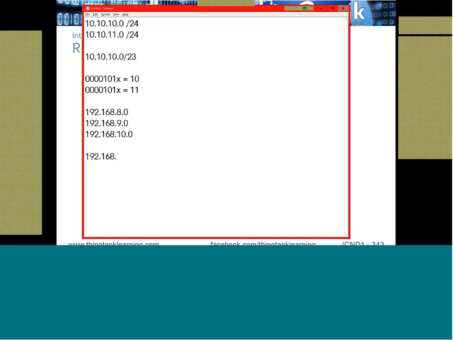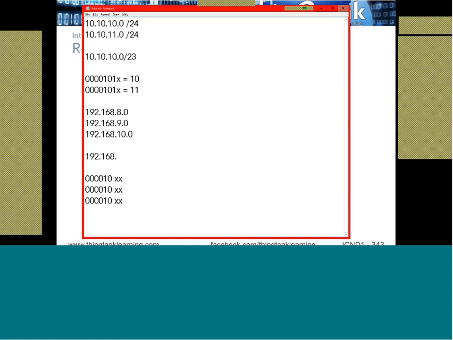And 8 is equal to 00001000, 9 is 00001001, and 10 is 00001010. So what is common to all 3 of those octets? Only the first 6 bits are common. You see that? So these 2 bits are unique, these 2 bits are unique, these 2 bits are unique.